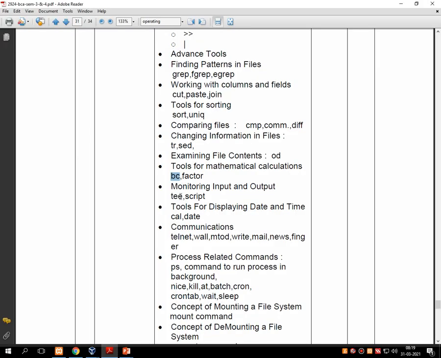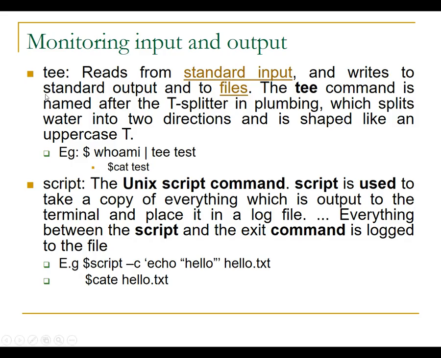Next group of commands is monitoring input and output, that is tee and script. First let's talk about tee. The tee command is actually a type of joining command which joins two separate commands into a single file. So let's see how it works.